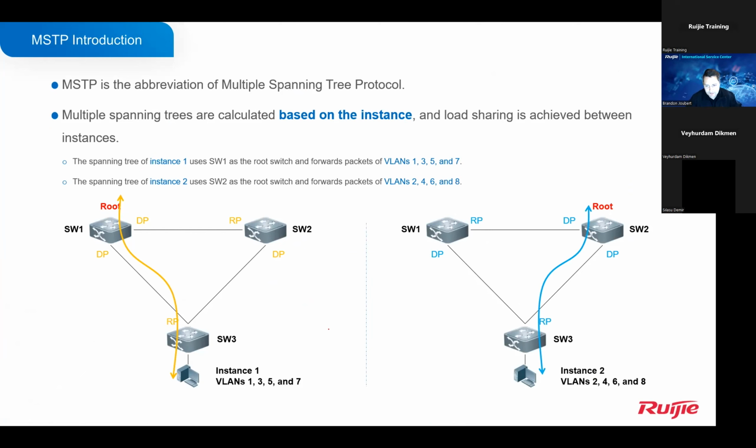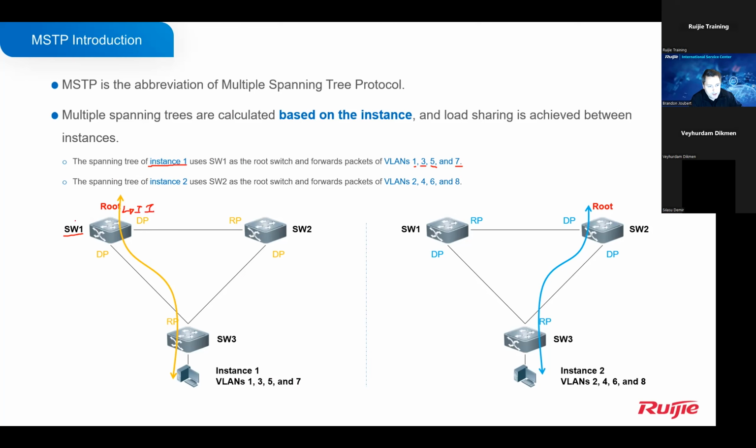So as you can see from the diagram here, this is the same network. We just have 2 separate instances of spanning tree working. So on instance 1, we have linked VLAN 1, 3, 5, and 7 to instance 1. So now that we have instance 1 linked to these VLANs, we told the topology that switch 1 should be the root for instance 1.